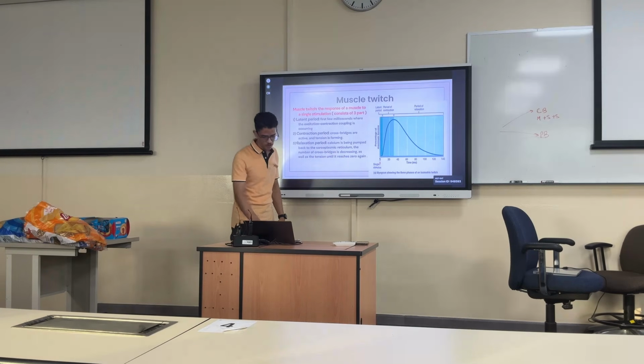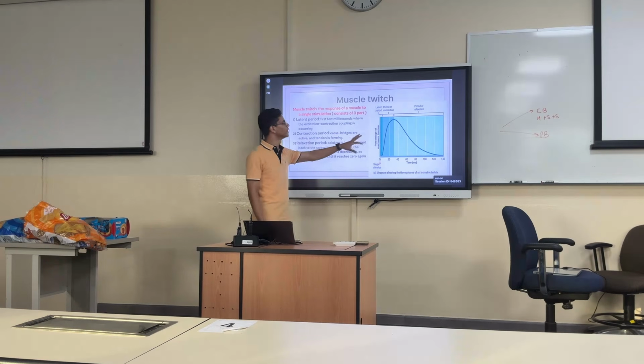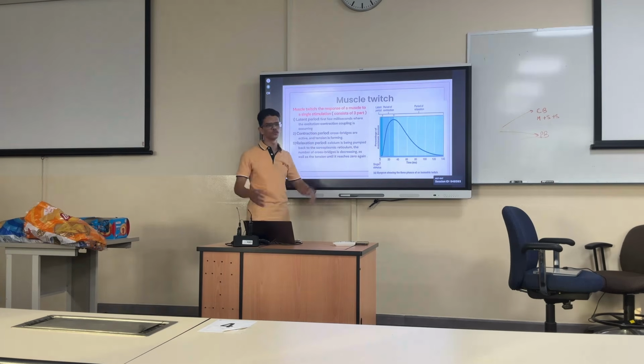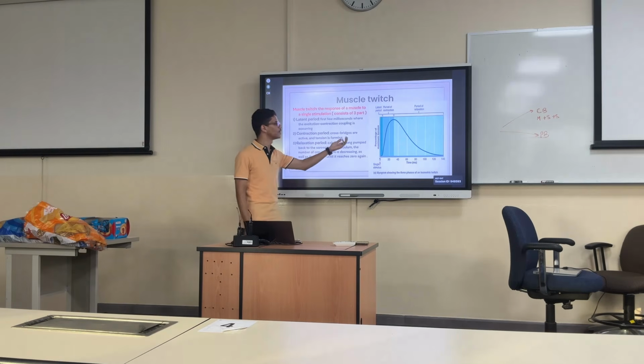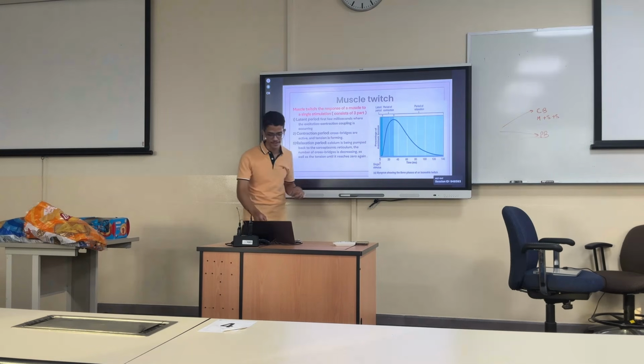Okay. So the contraction period is when the cross bridges are happening. In the latent period, the excitation contraction coupling, which was just mentioned, is still occurring. That's why there's a latent period. And the period of relaxation is calcium being pumped back into the sarcoplasmic reticulum, which causes the muscle to relax gradually.